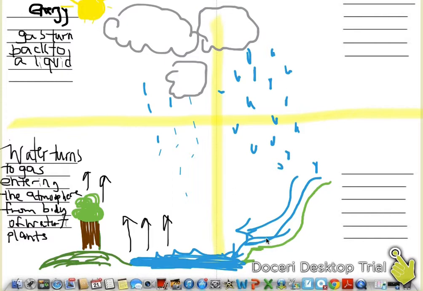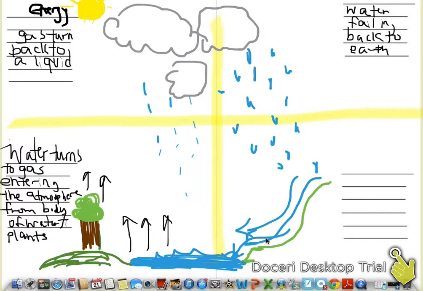All right. Moving over to our right top corner, what's happening there? Water falling. Falling back to earth. Now maybe you don't like hot weather, so maybe you drew snowflakes. Maybe you drew hail.